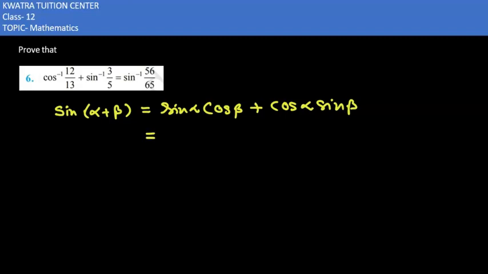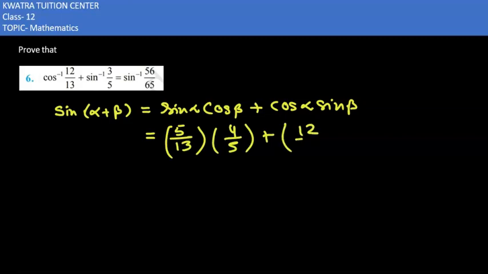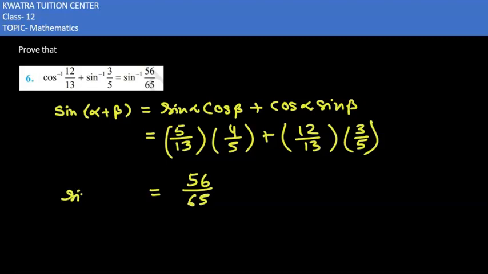Sin alpha is 5 by 13, cos beta is 4 by 5 added by cos alpha is 12 by 13 and sin beta is 3 by 5. So here we can simplify this further. So denominator will be 65 and we will get in numerator after simplification 56, right? So this is the value of sin alpha plus beta.